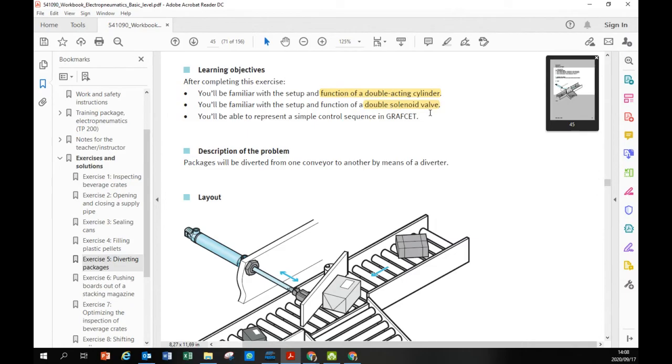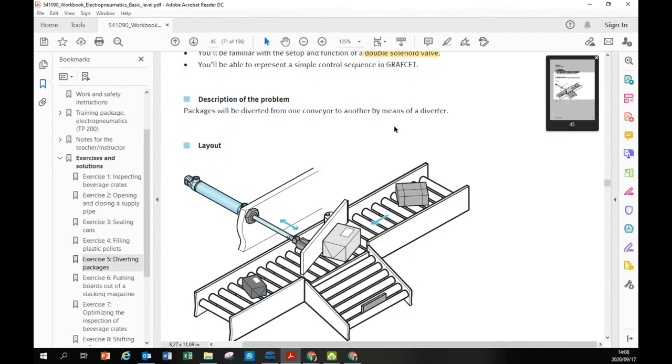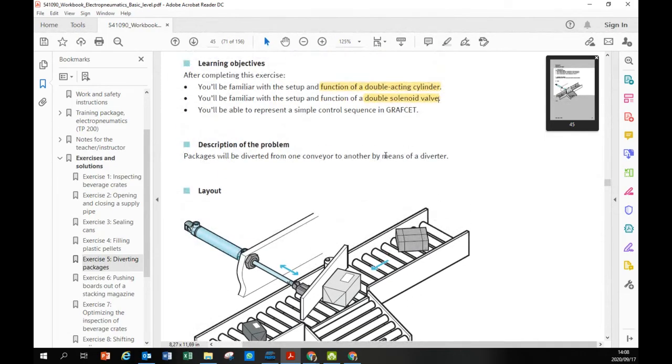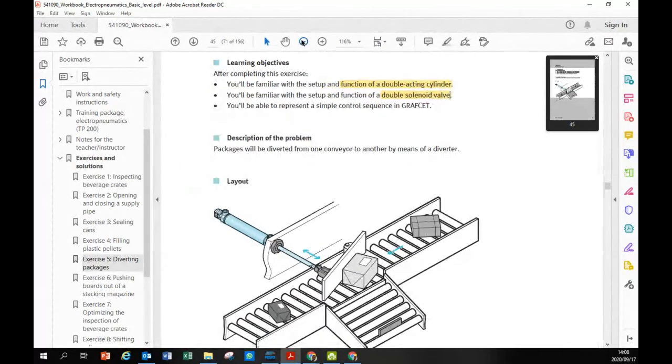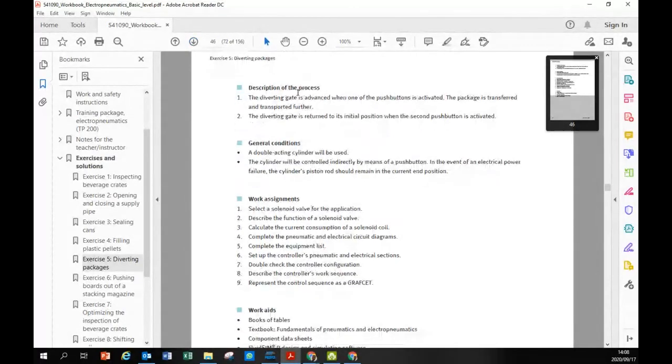A single acting solenoid valve cannot actuate a double acting cylinder. Only a double solenoid can. So sometimes I can just say use a double solenoid, whereas I'm referring to the 5-2-way valve. You must know. I like giving all the possibilities.